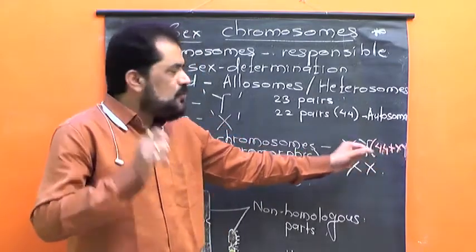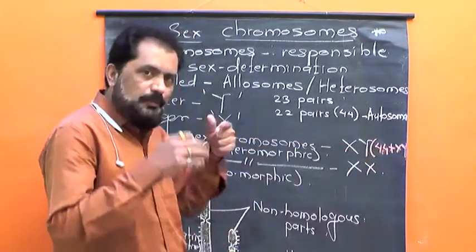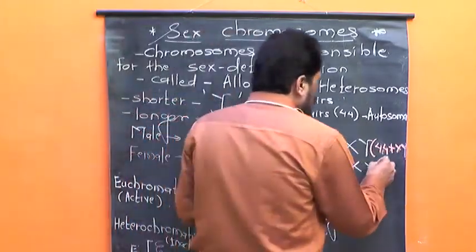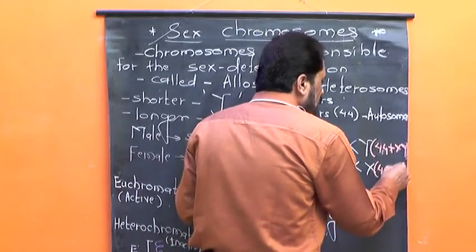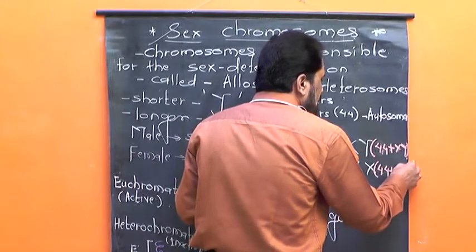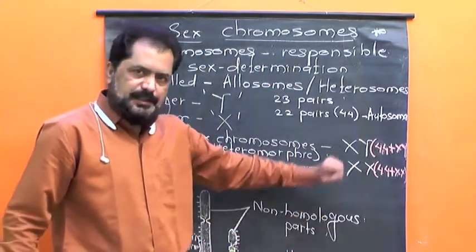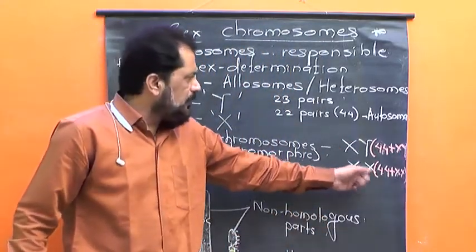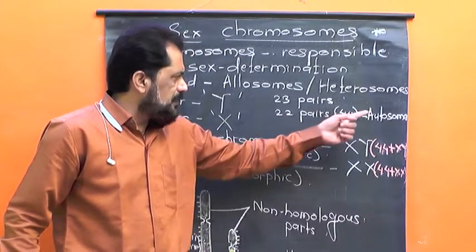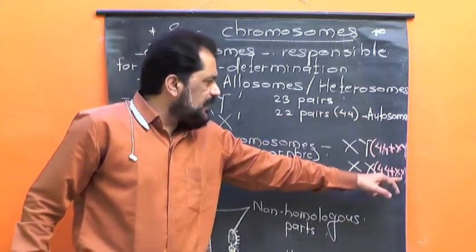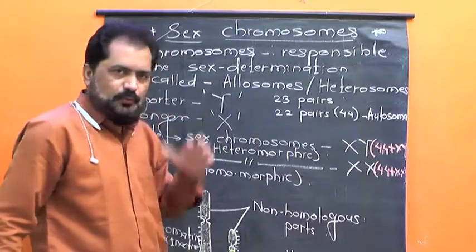It is the chromosomal constitution of human male, while the chromosomal constitution of human female is represented as 44 plus XX. Again, the 44, that is 22 pairs, represent autosomes and XX represent the sex chromosomes.